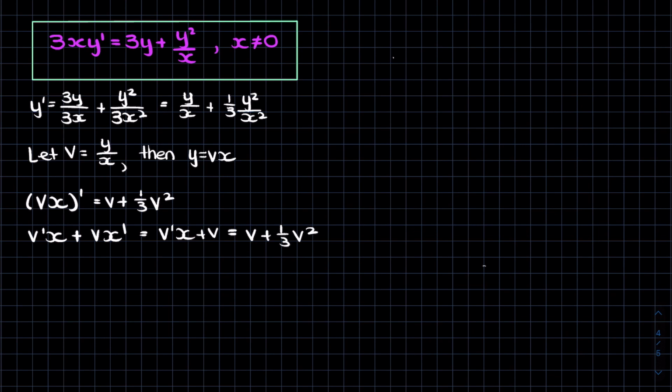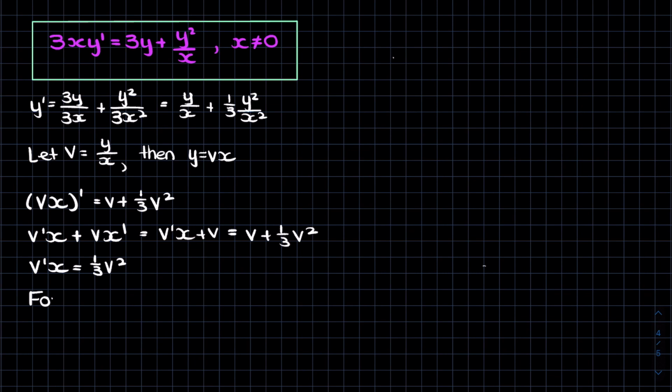So what we can do is minus a v from both sides of the equation, and that will just give us v prime x equals 1/3 v squared. Now you'll see that this is a separable equation, so we can solve it that way.